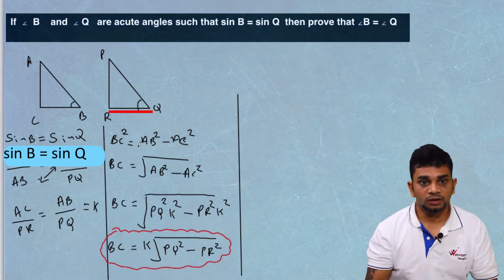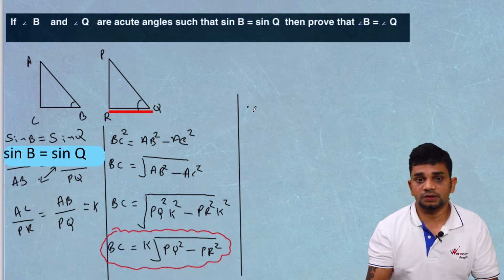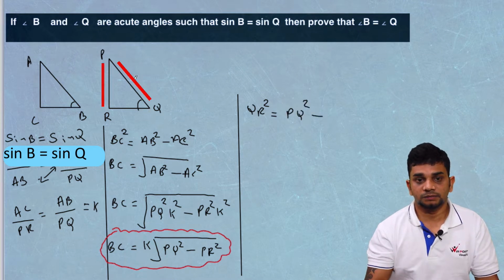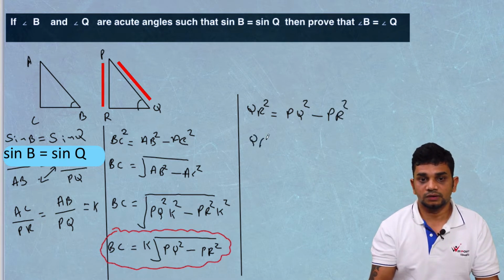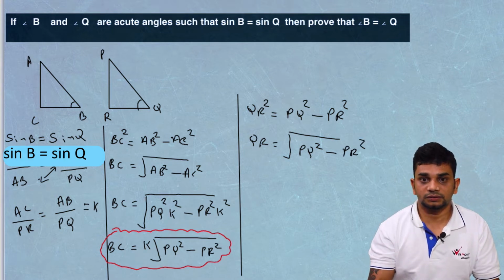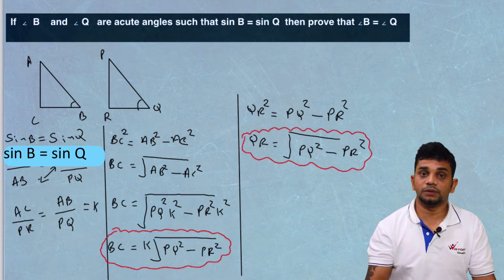Now what is this QR? According to the Pythagoras principle, QR square will be equal to PQ square minus PR square, right? So QR will be equal to root of PQ square minus PR square. We are marking that also. There are two equations now. We are going to divide these two equations.